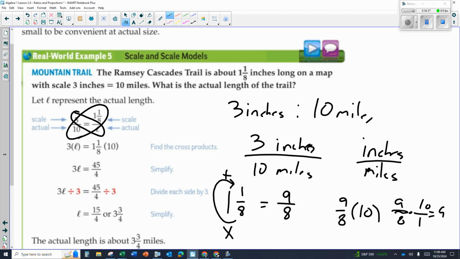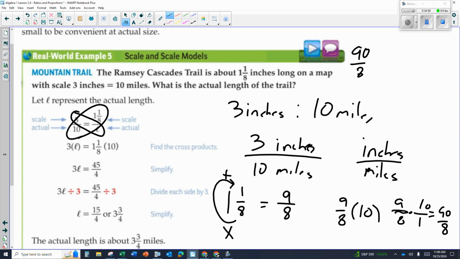So 90 divided by 8, and that simplifies. So if we look, let's put it over here. 90 divided by 8. If I wanted to, I could do prime factorization. I could also just find the greatest common factor, excuse me, to find it.